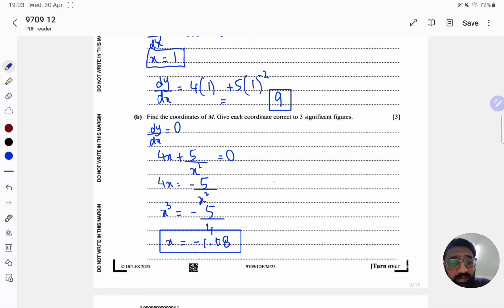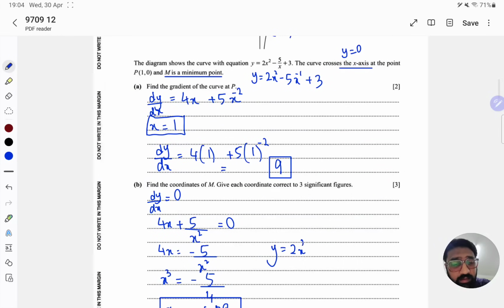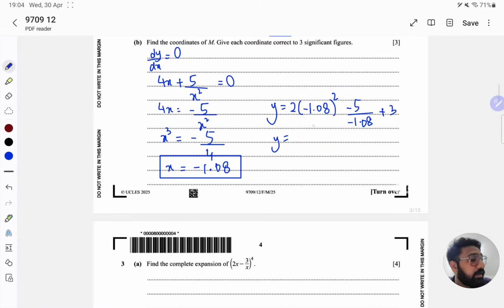So to find the value of y, I'll just substitute into the above equation, which is 2x squared minus 5 over x plus 3. So let's directly substitute: 2 bracket minus 1.08 squared minus 5 over minus 1.08 plus 3, and the value for y, correct to three significant figures, is 9.96.